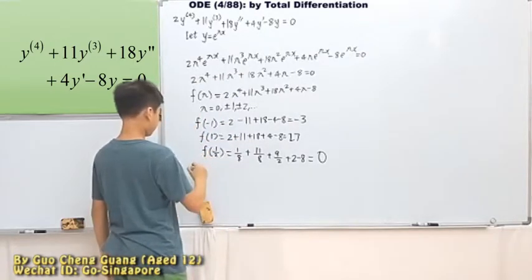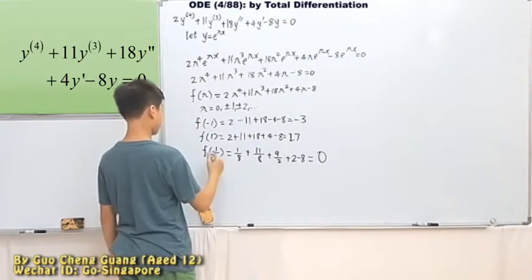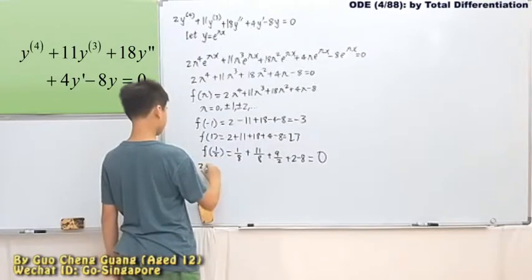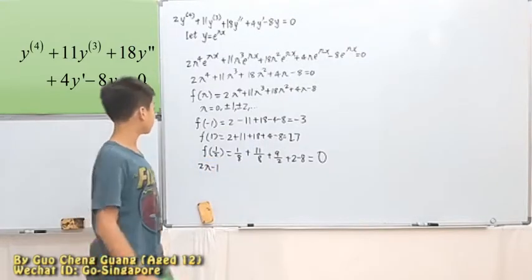So from this part, that means it is 2 lambda minus 1.